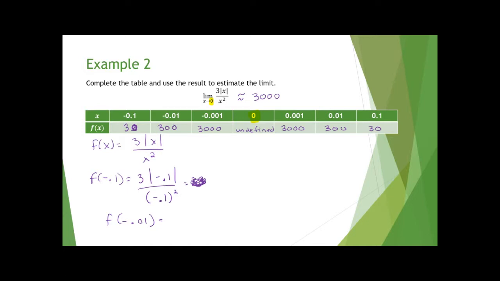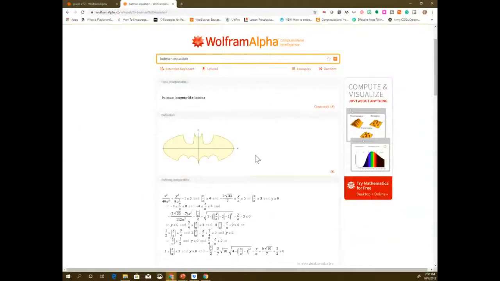Now we can't do this algebraically like I did the other one, because there's nothing to cancel out or simplify like there was on the previous example. Now I'm going to pull up Wolfram Alpha on purpose this time, just to show you how you would possibly enter this in.